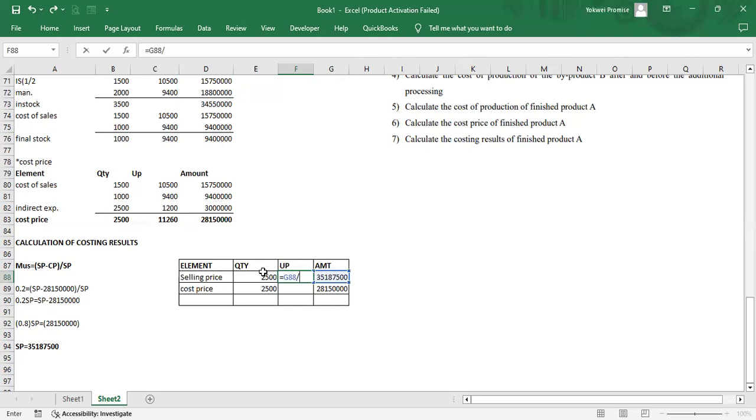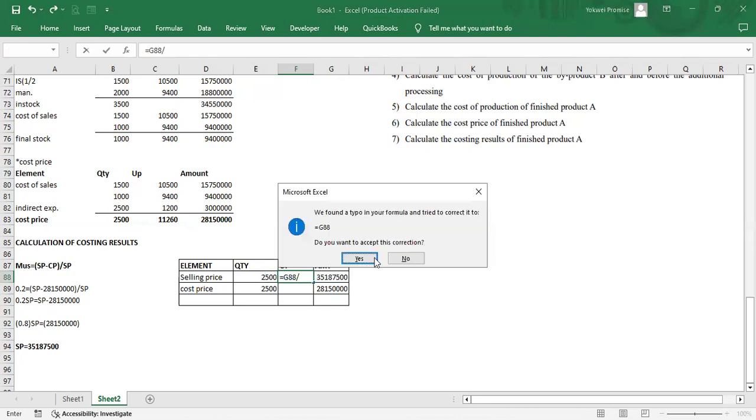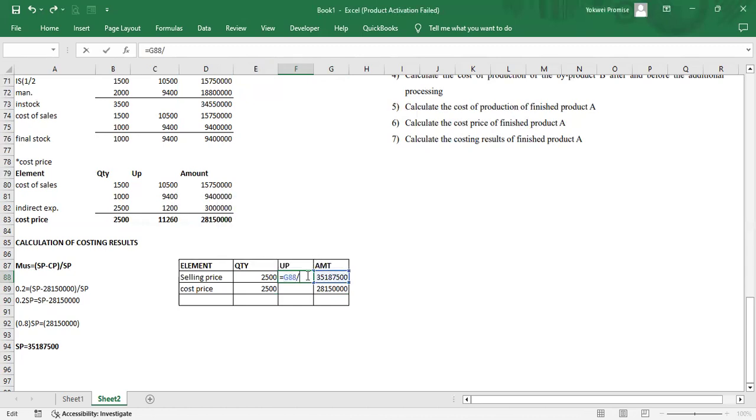Let me just determine the unit price, please. Since we have 2,500 units, we divide by this. The result, the profit, is 7,037,500.